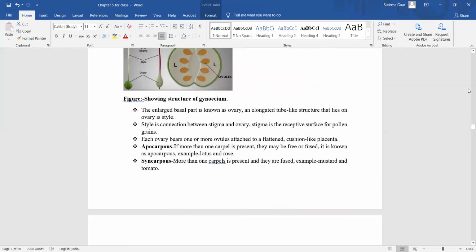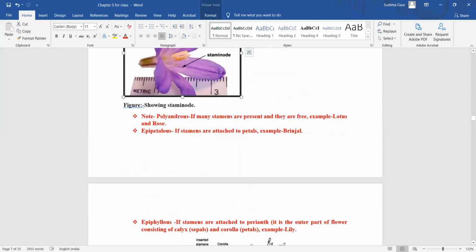So there is one more term known as polyandrous. Polyandrous means, poly means what? Many. More than 4. And androus, I have told you in the last class also, is the fused and free condition. So polyandrous means there are many stamens, but they are free from each other.